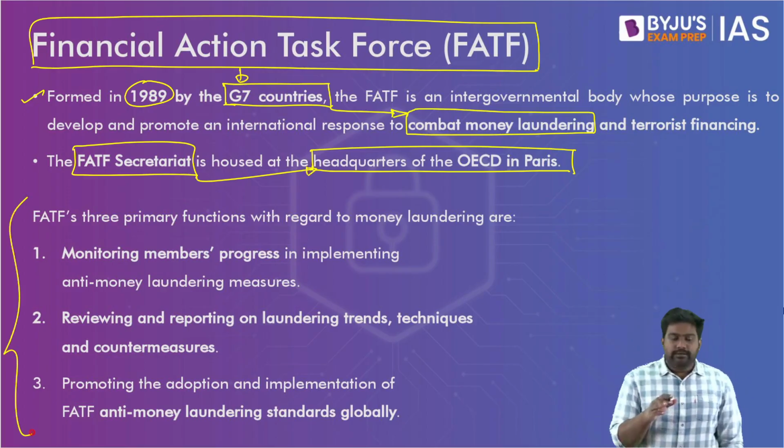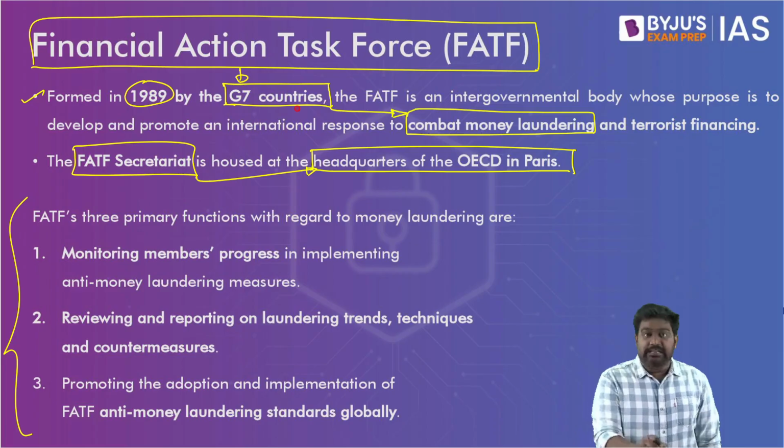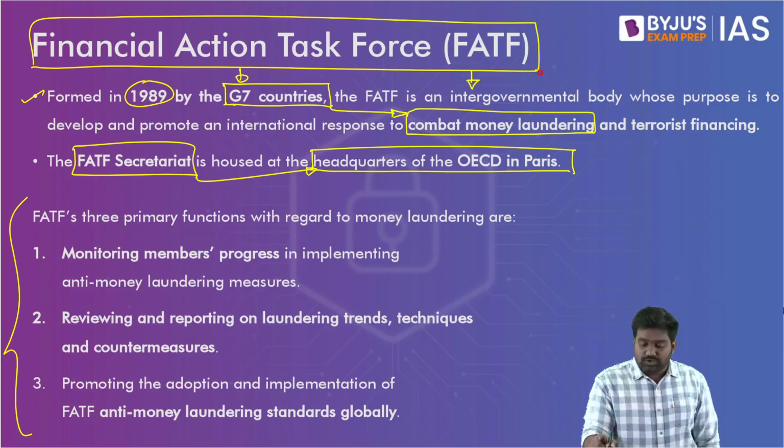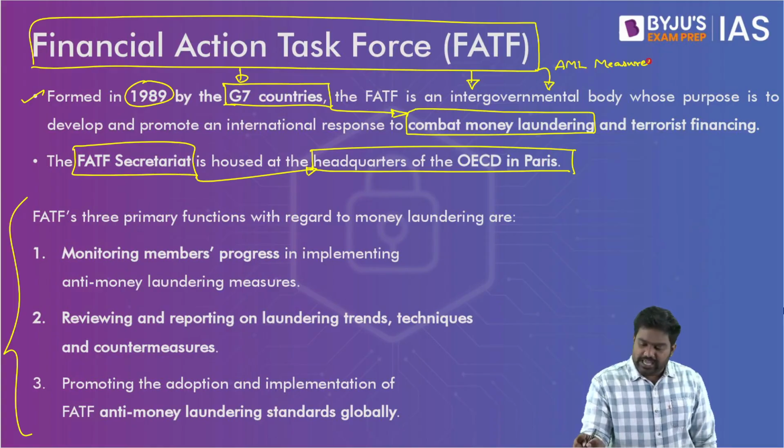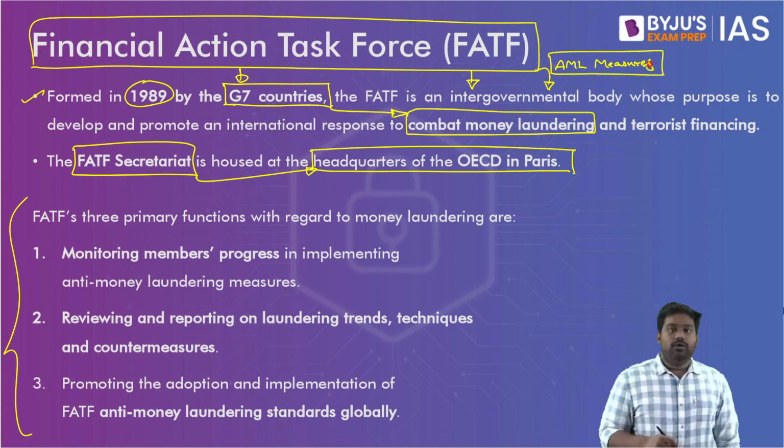Clear? And when it was established in 1989 by the G7 industrialized countries, its goal was to combat money laundering through AML measures. All right.